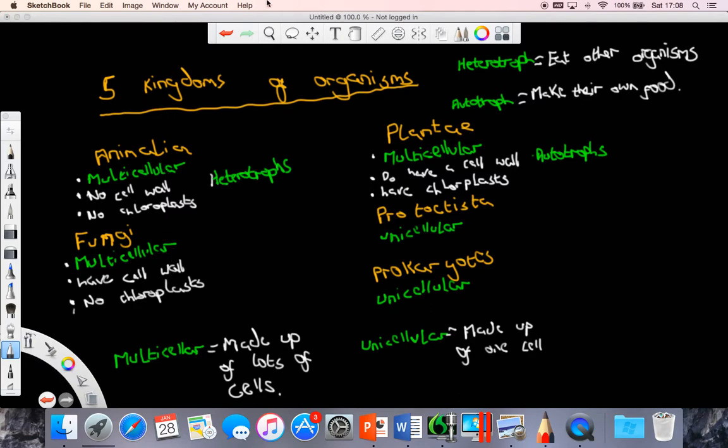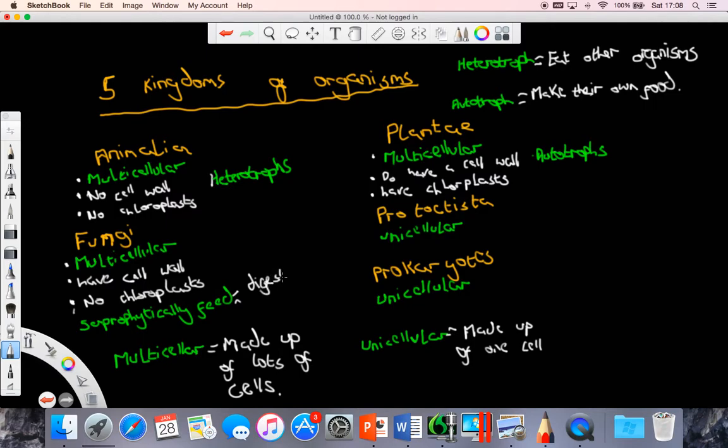But what makes these different is that they feed in a very special way, known as saprophytically. Okay, they are saprophytes. And what this means is that they essentially digest their food outside of their body.